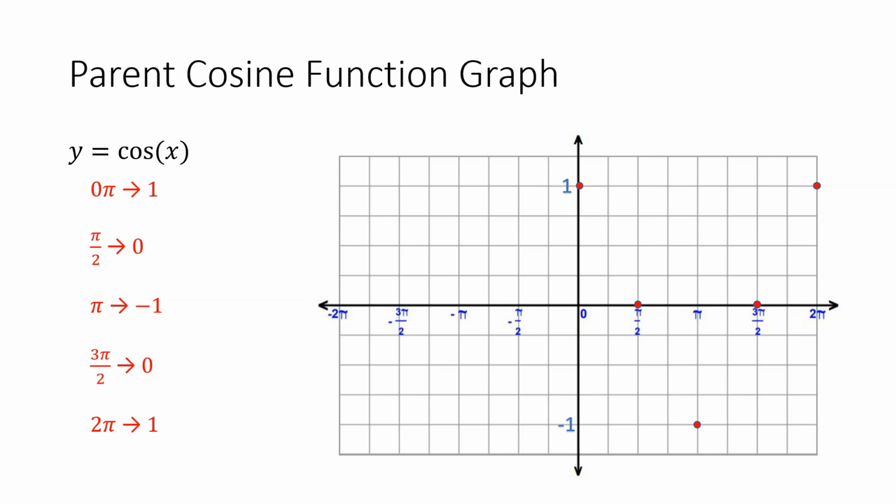But we still use the same 5 major points. So the graph is going to look very similar, however, it's just slightly different. It's shifted almost. So instead of our sine graph starting at 0 and going up to 1, then back to 0, then to negative 1, then ending at 0, cosine graphs start at 1, go to 0, negative 1, 0, and end at 1.